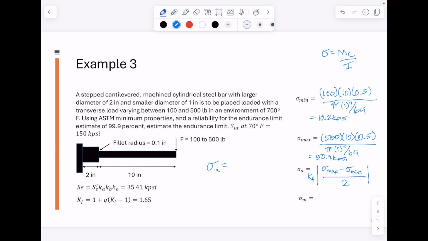So our sigma A is going to be equal to 33.7 kpsi. And our mean, we want to do Kf, and here we're going to have sigma max plus sigma min all over 2. And so our mean stress is going to be equal to 50.5 kpsi.